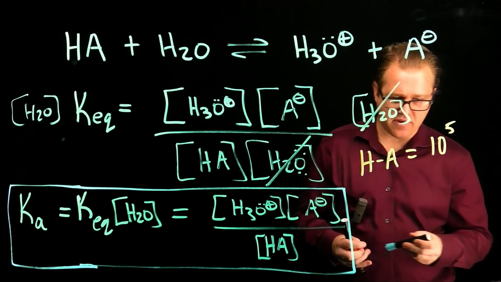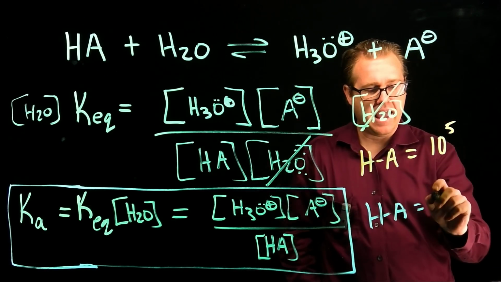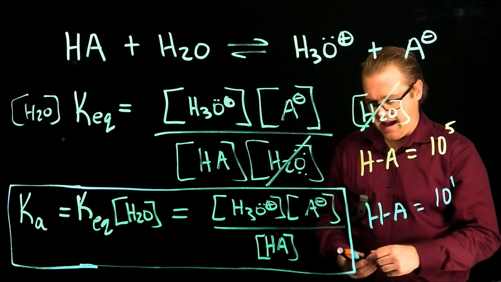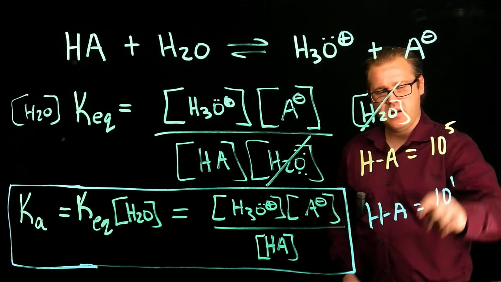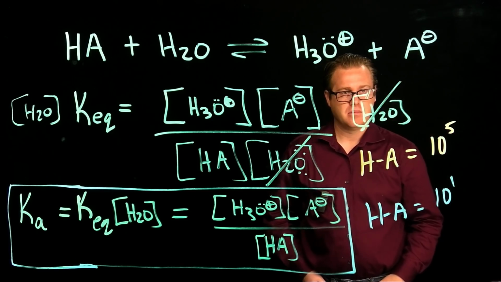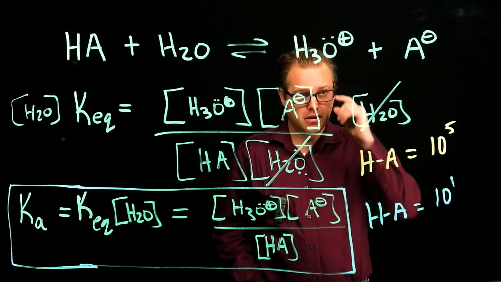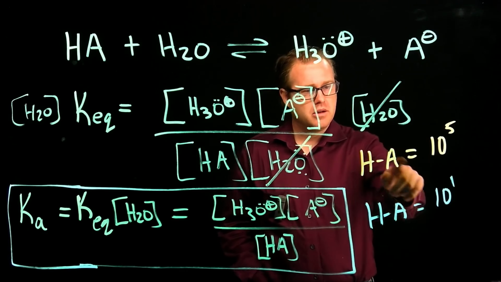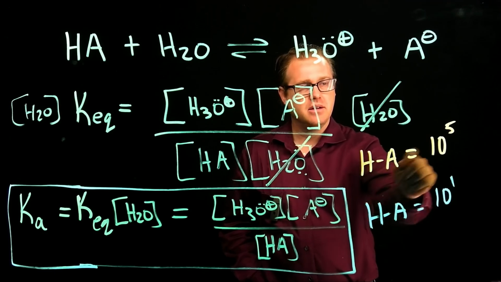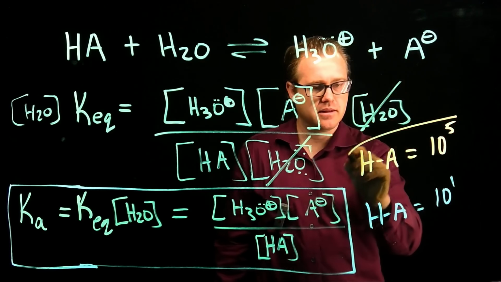And then we had a different acid shown in blue, and its Ka is 10 to the 1. When we look at the Kas, which are these numbers right here, the larger the Ka, the more acidic. So when you look at the orange versus the blue, which acid is the stronger acid? The orange one is the stronger acid.